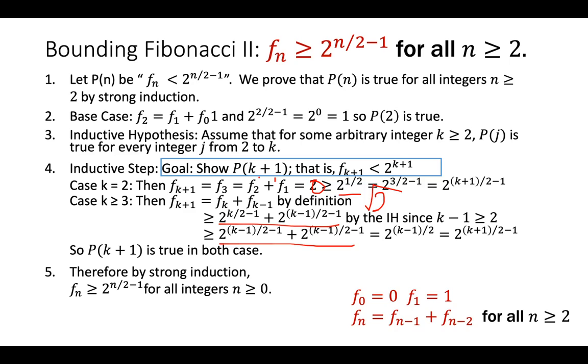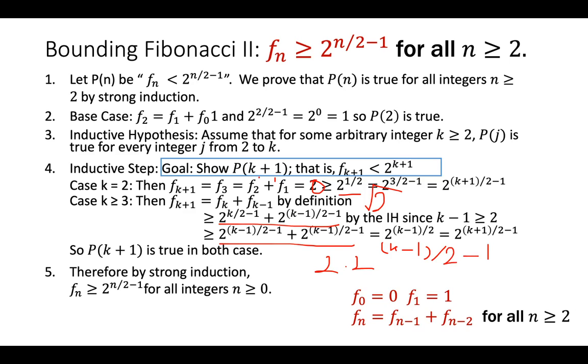If we combine them together, that will be 2 multiplied by 2 to the (k-1) divided by 2, minus 1.